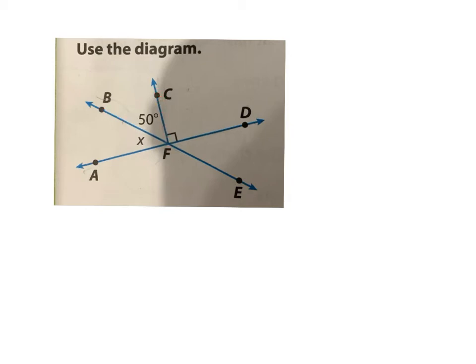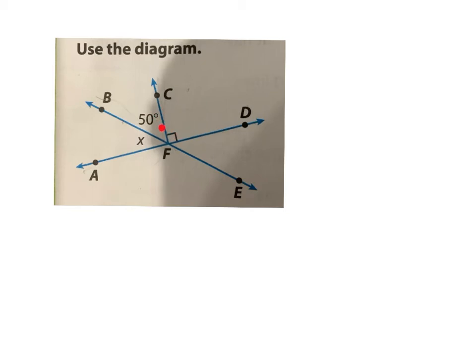And they want us to find at least one pair of vertical angles. So we're looking for angles that would have the same measure. They need to look like the same measure, and they are two intersecting lines that are opposite each other, like they're nose to nose in the mirror. If we look at this intersecting line and this intersecting line, opposite of each other are these two.